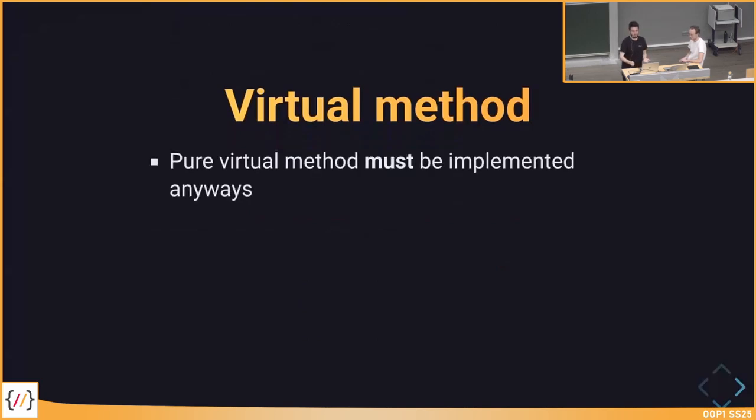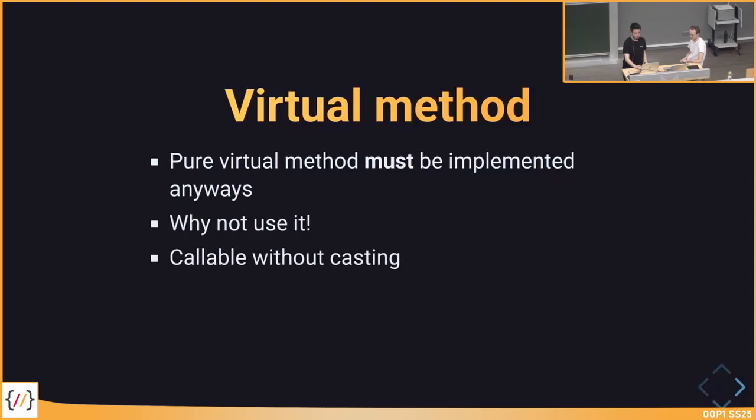And as you remember, we must implement it, so why not use it for something? You can always call it without casting, and it would always go to the right subclass, because as you remember, the pure virtual method in the base class is 0, so there is really no method there. There's something there, but there's no code behind it.